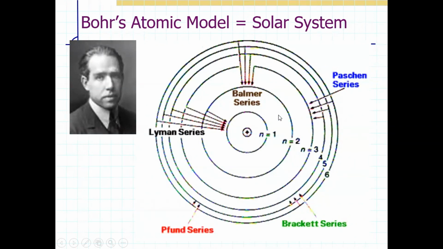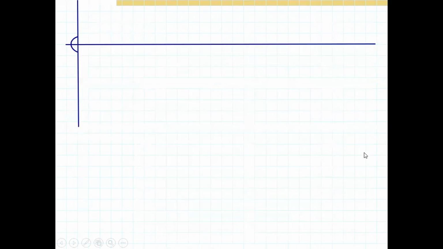And the series, the Lyman series, the Balmer series, the Paschen series, the Brackett series, and the Pfund series are really visible, and Bohr's model works very well, and it is very similar to the solar system.